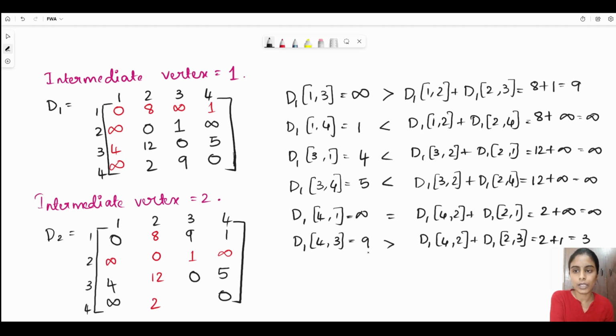D1 of 4, 3 is 9 and D1 of 4, 2 plus D1 of 2, 3 is equal to 3. So clearly 3 is less than 9, so we enter 3. So finally we have this as the D2 matrix that we have obtained from D1.